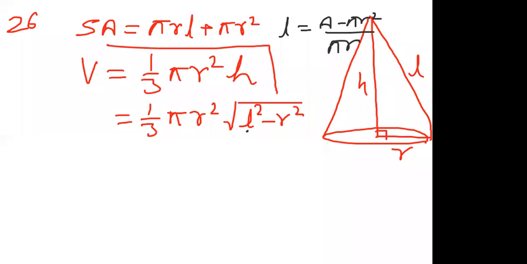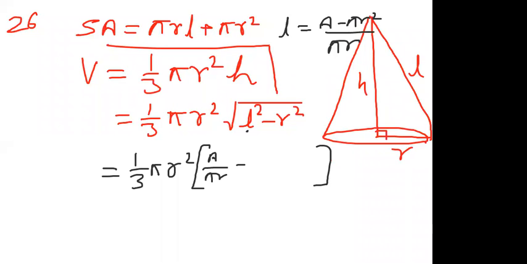So it will become 1 by 3 pi r square. L can be written as area upon pi r minus r to the whole square minus r square. I'm going to open the bracket, whole power 1 by 2.